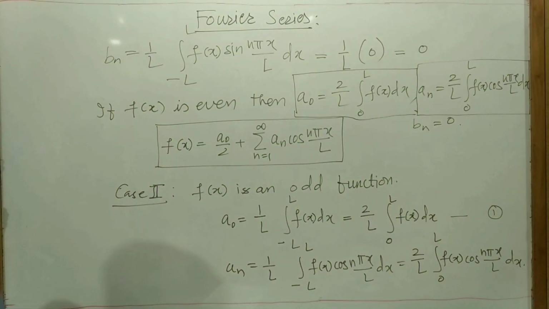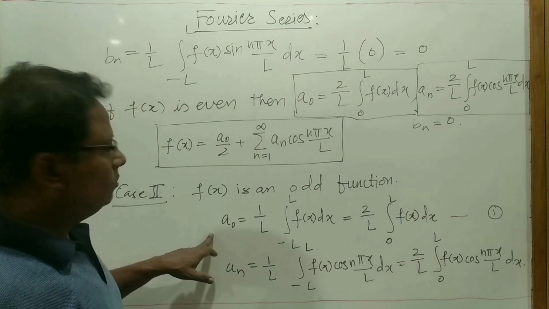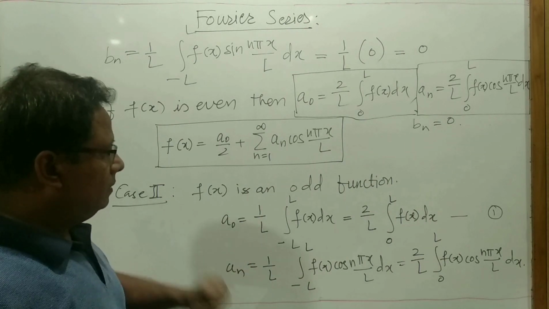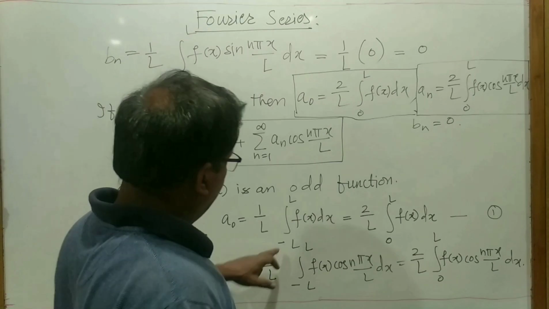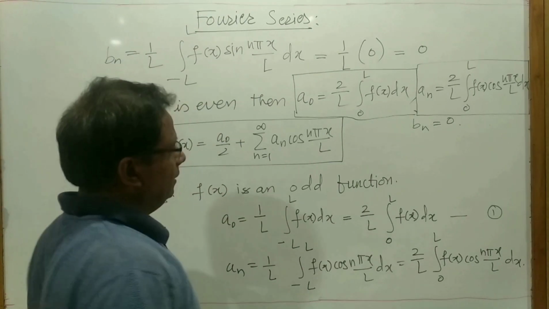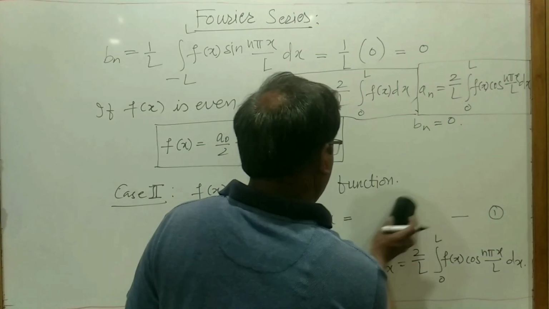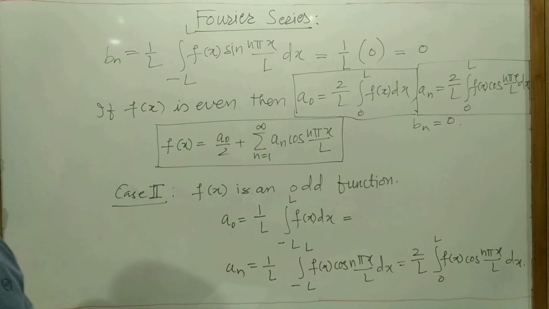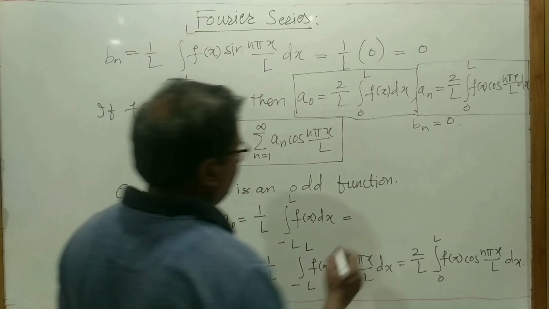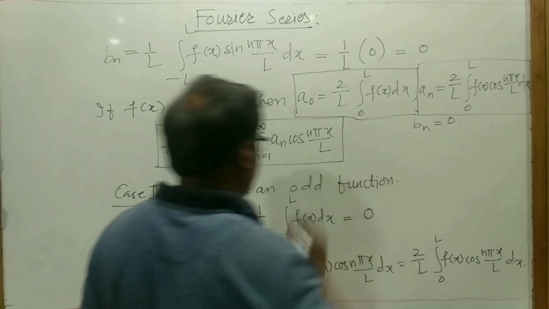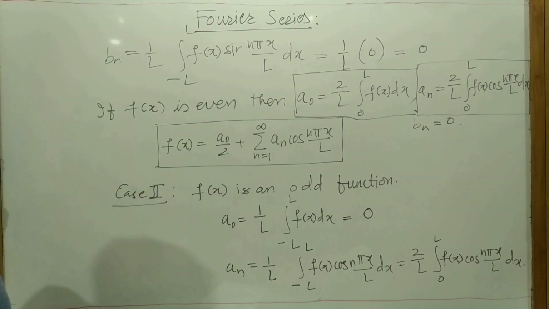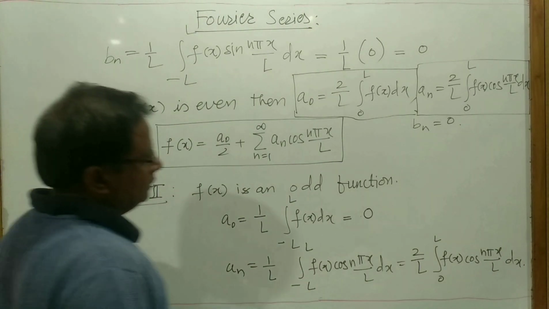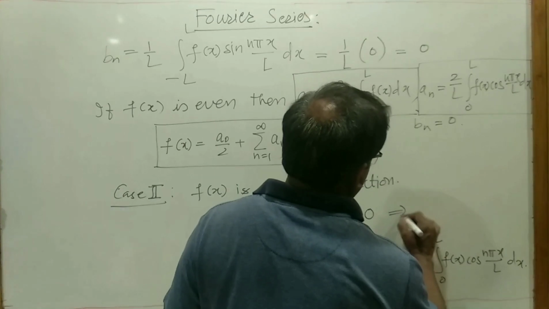What happens if f of x is an odd function? a0 is again 1 upon L integral minus L to plus L f of x dx. And as we know, the integral of an odd function within the limits minus L to plus L f of x dx is 0, the value of this integral will be 0 in this case. So a0 equals 0.